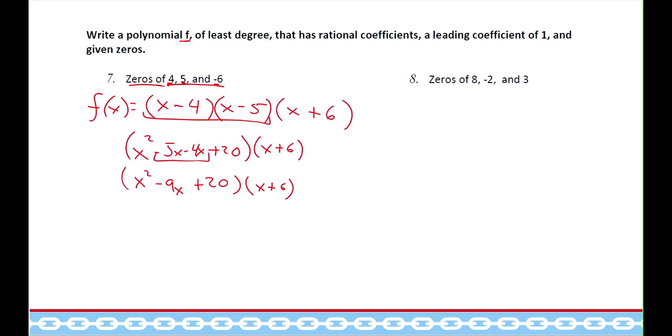Now that I have that simplified, I'm going to multiply these first 3 terms by both terms in my second factor, this x and the 6. So first, all these 3 times x, and then I will come back through and multiply them all by the 6.